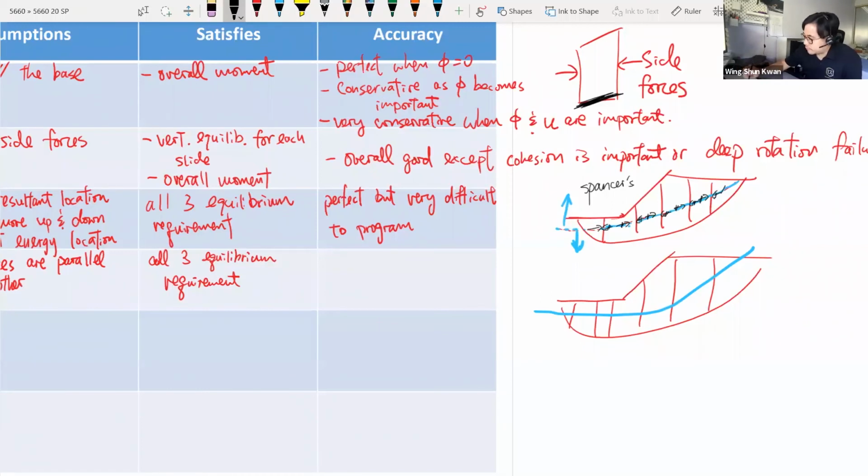But for the Janbu method we talked about, you keep searching for the lowest energy thrust line. This is the thrust line that you keep moving up and down until you find the line that gives you the lowest amount of energy.